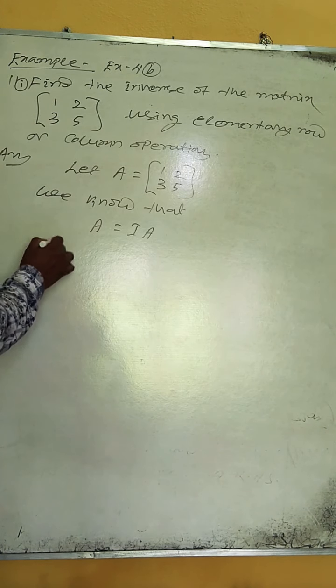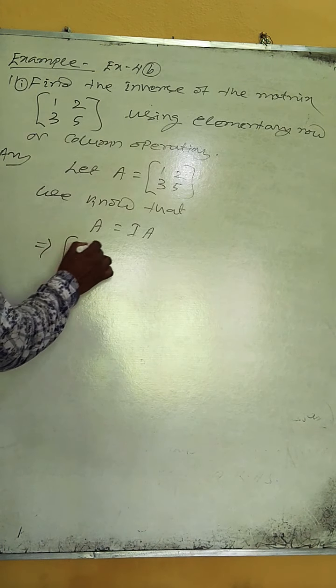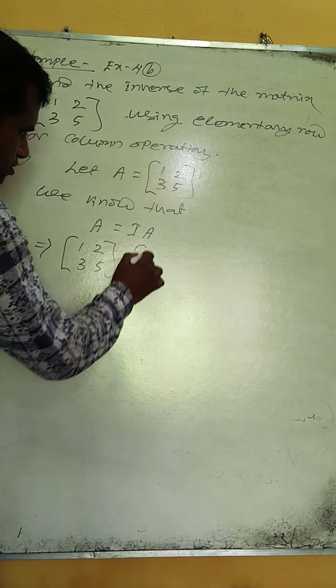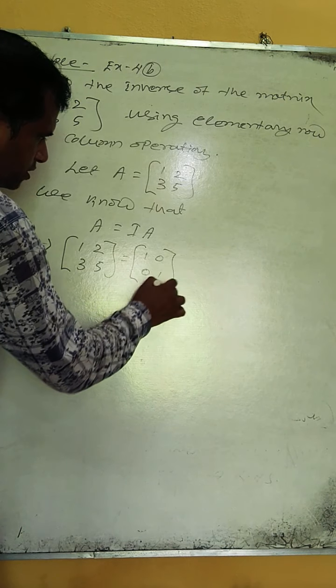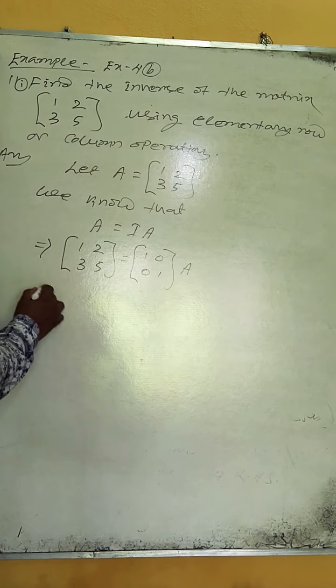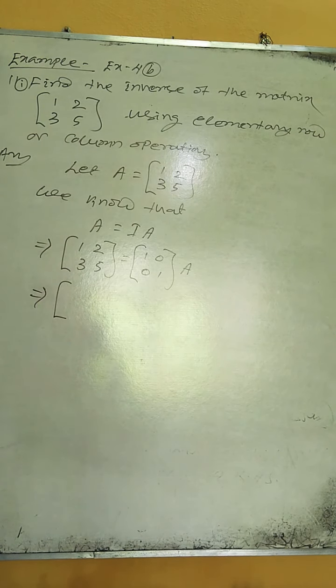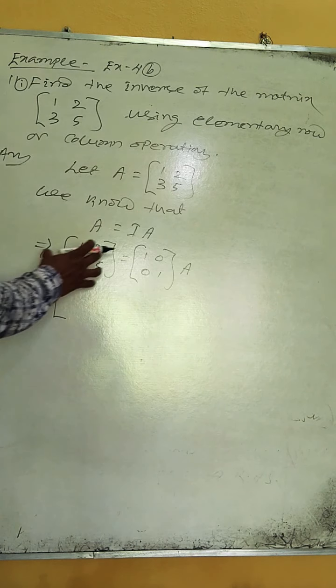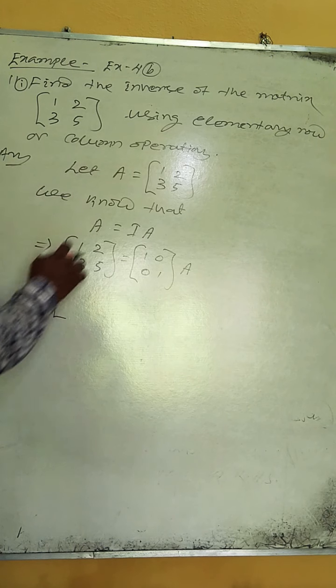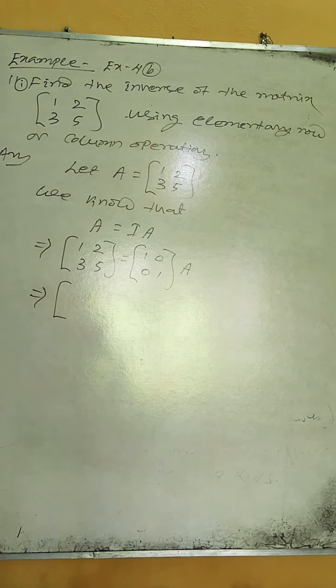That implies 1 2 3 5 is equal to 1 0 0 1 times A, where A remains unchanged on the right. Now we do it using elementary row operations, so we change this matrix into a unit matrix.